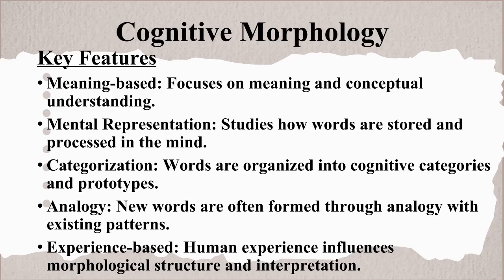According to this approach, words are grouped into mental categories, where some examples are seen as more typical prototypes than others, helping in classification and understanding. Speakers often create or understand new words by comparing them with existing familiar patterns, using analogy as a mental strategy. Lastly, human real-life experiences play an important role in shaping how words are formed, understood, and interpreted in language use.